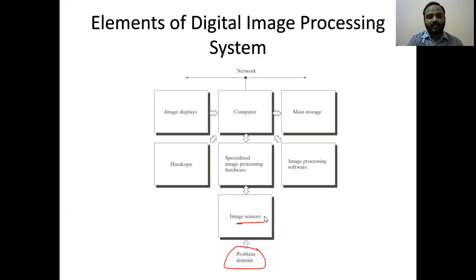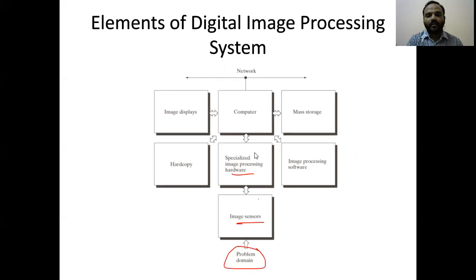These sensors will be able to sense in that particular electromagnetic spectrum where the problem domain falls. After the sensors acquire the information, it is processed using specialized image processing hardware, where the images are reconstructed for visualization.